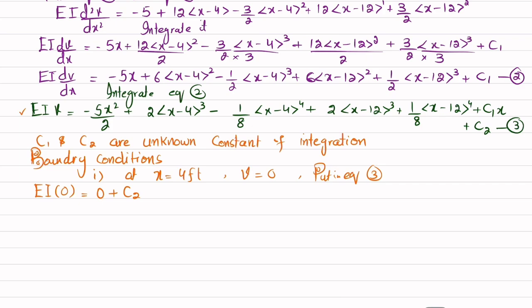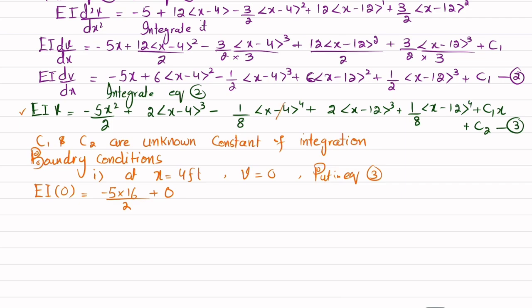I think I made a mistake. We have to put x is equal to 4 feet. So make a correction: this will not be 0. So minus 5 into x is 4, 16 divided by 2, plus this term is 0 because 4 minus 4 is 0, minus 1 over 8.